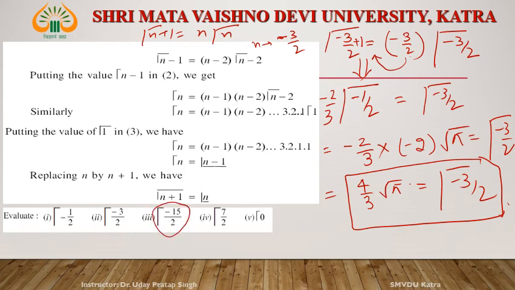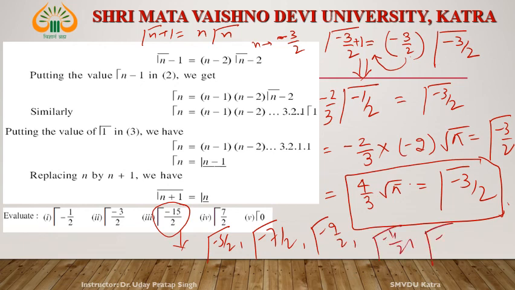Now, what is gamma of 15 by 2? For gamma of minus 15 by 2, we have to evaluate gamma of minus 5 by 2, minus 7 by 2, minus 9 by 2, minus 11 by 2, minus 13 by 2. After evaluating these terms, we can evaluate gamma of minus 15 by 2 also. Now see, what is gamma of 0?